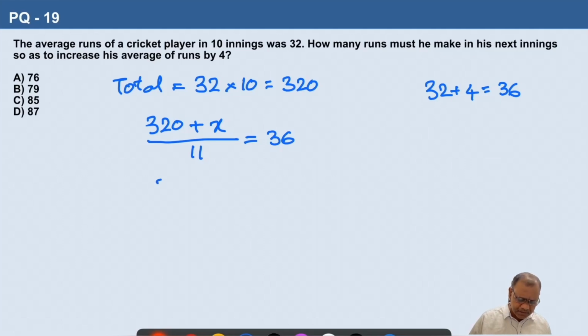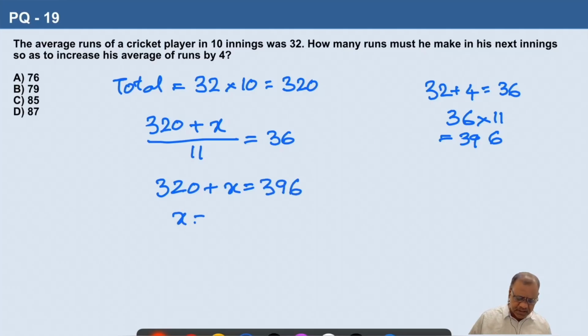So by cross multiplication, 320 plus x is equals to 36 into 11. 36 into 11. So that is 11 6s are 66, 11 3s are 33 plus 6, 39. 396. So x is equal to 396 minus 320.